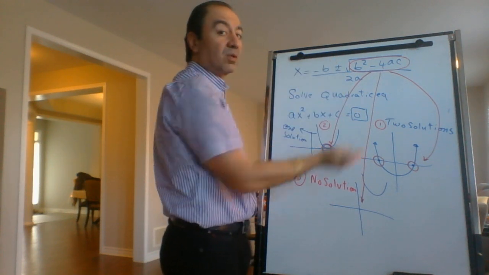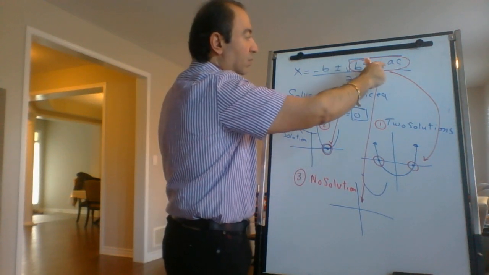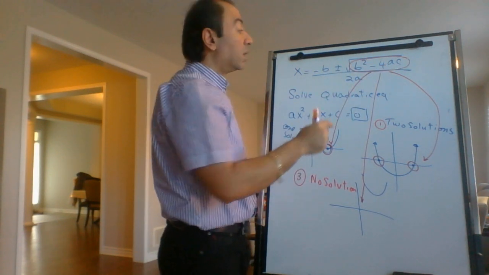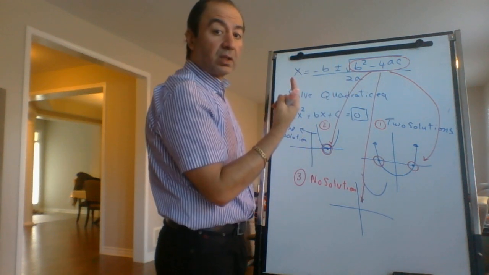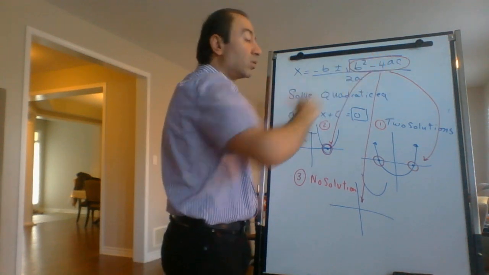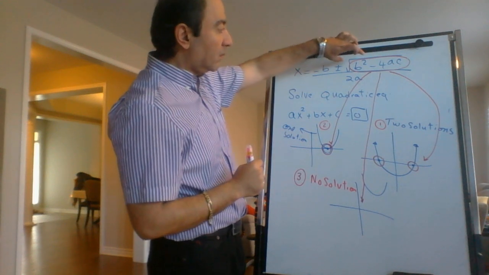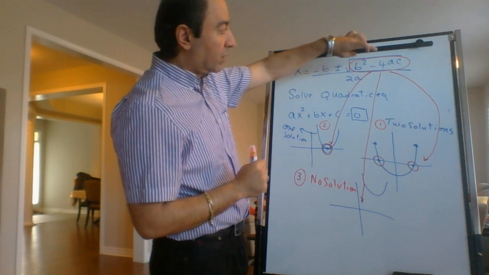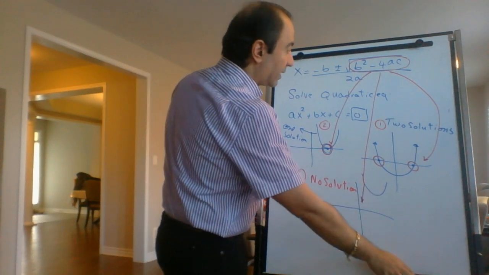So if this is greater than 0, we're going to have two solutions. If this is equal to 0, we're going to have one solution. If this is less than 0, I cannot find the square root of a negative number, so I will not have any solution, and this will be the case.